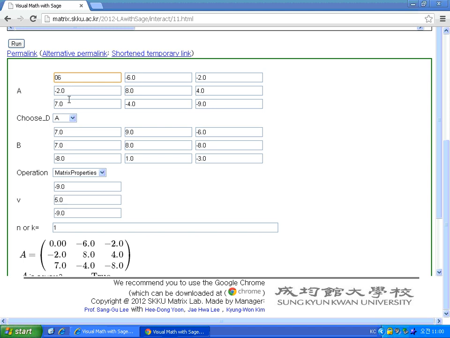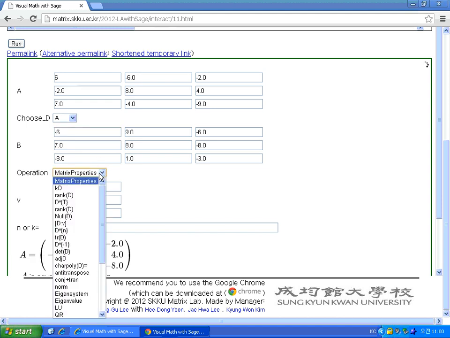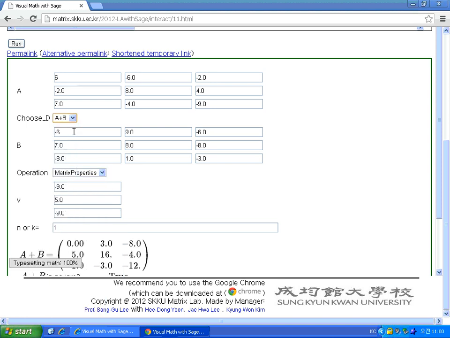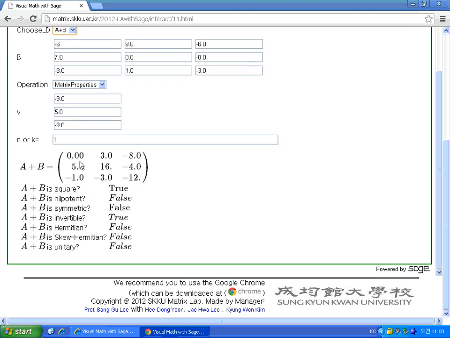This was randomly made, so you can make a change to any entry. Then you choose A, and suppose this one is -6. Then you can make the A plus D matrix, and this is the A plus B matrix.